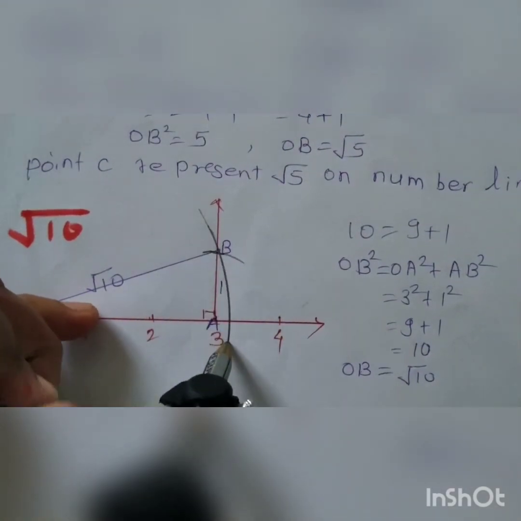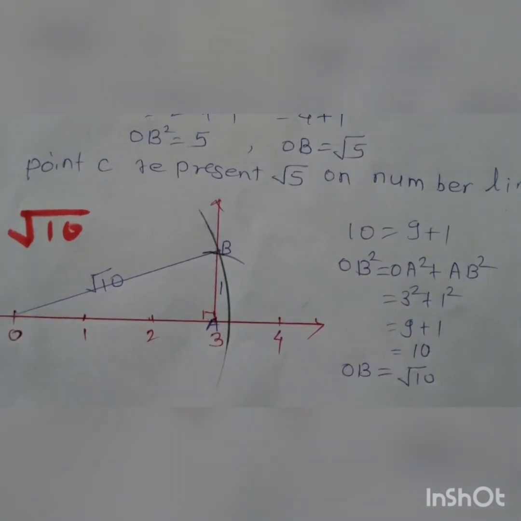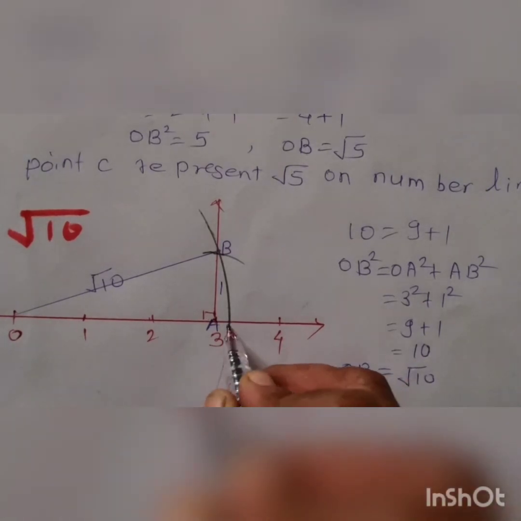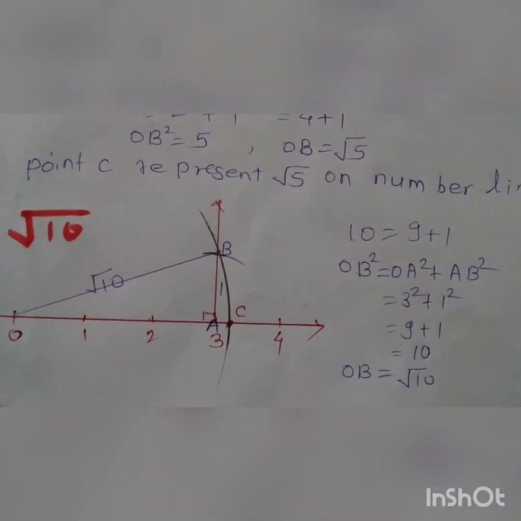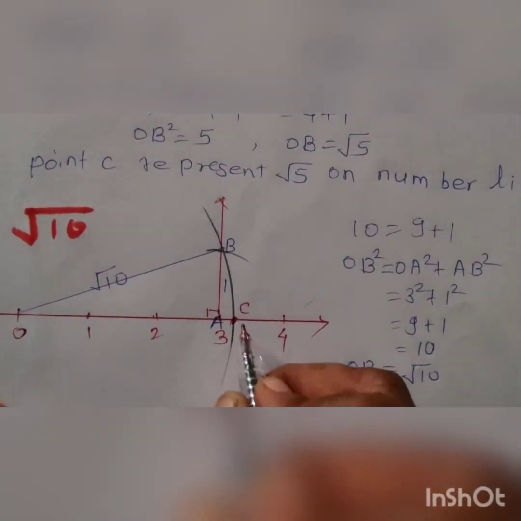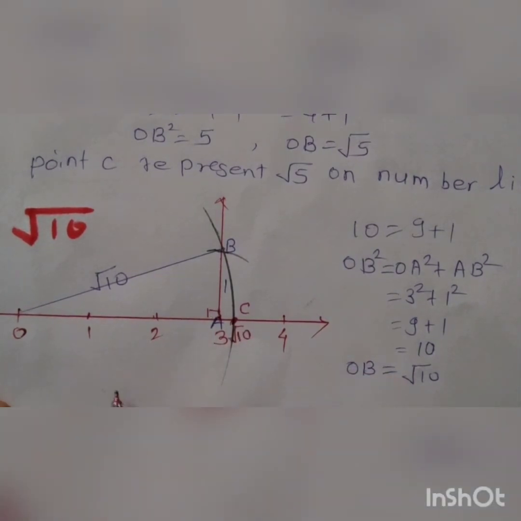Each and every point on this circular arc is at a distance root 10 from the center. This point intersects the number line here, and suppose this point is C. Here we write C representing root 10. Distance OC is also root 10.